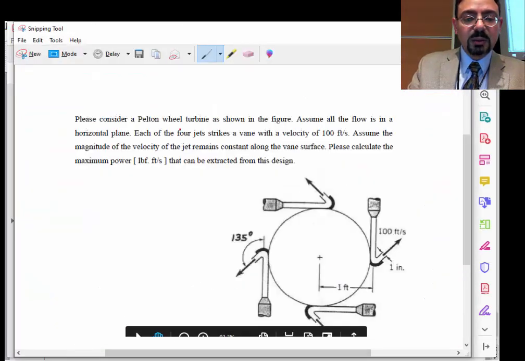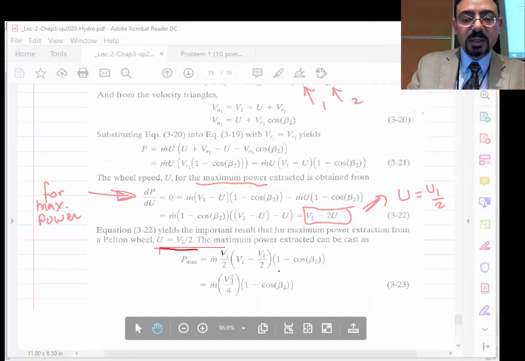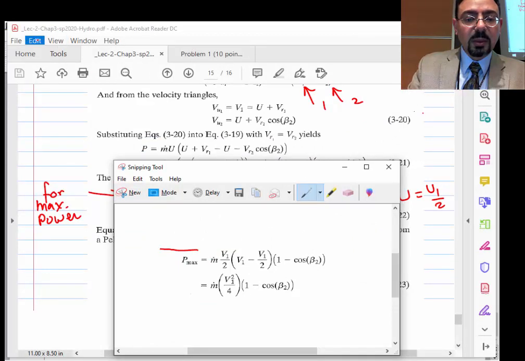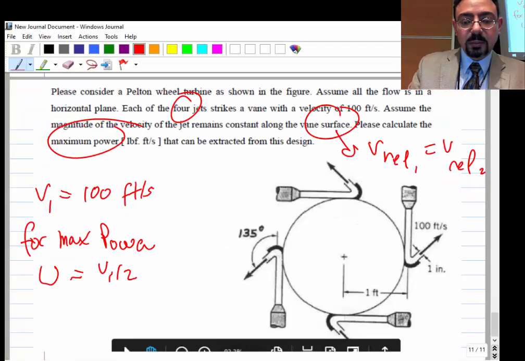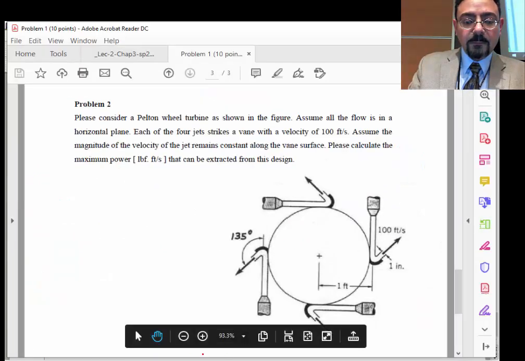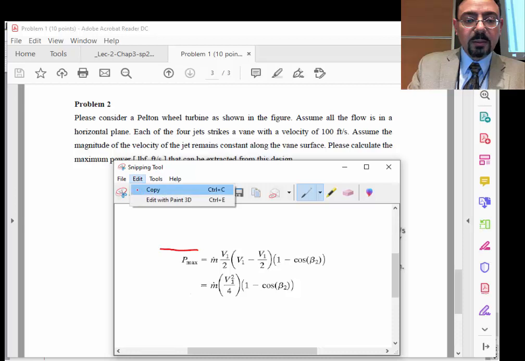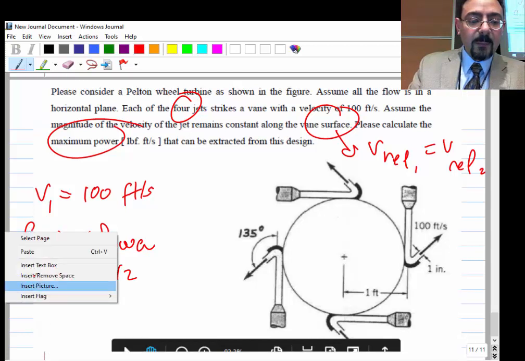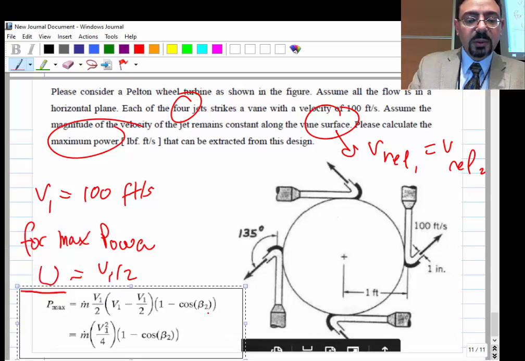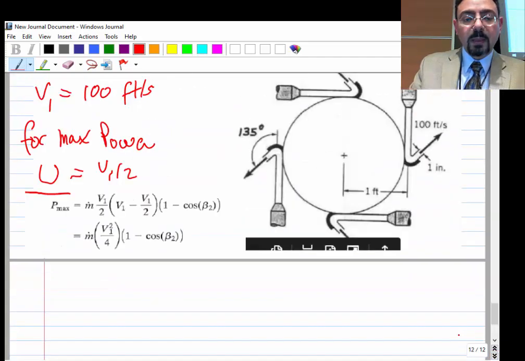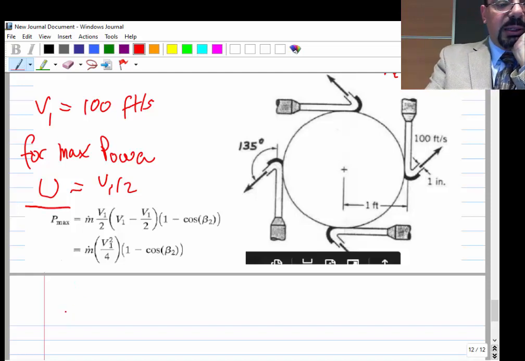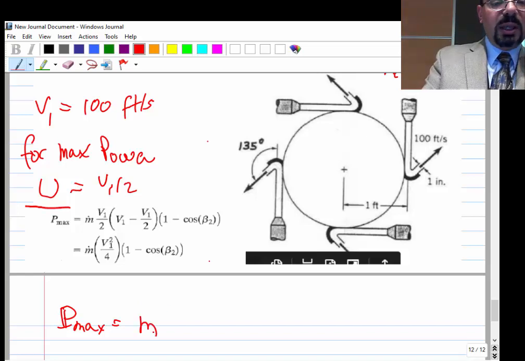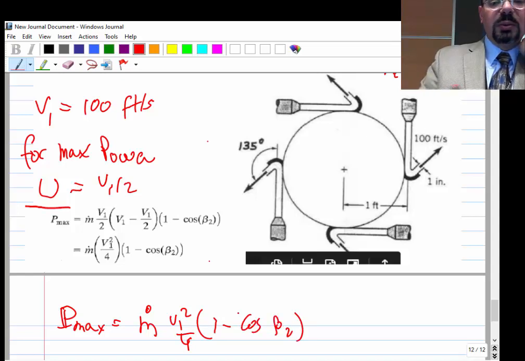I should grab this and put it here. This equation, right? So P max, by P I mean power, I don't mean pressure, is going to be m dot V1 squared over 4 times 1 minus cosine beta 2.